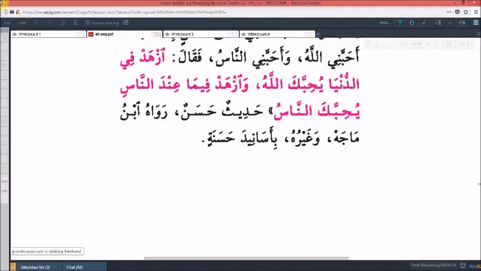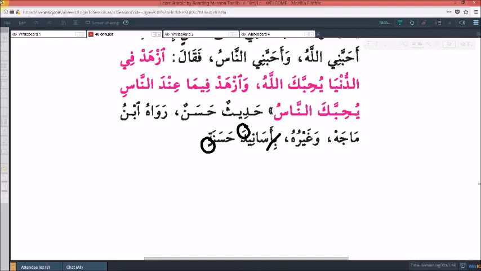It's going to agree in its case. So this one is majroor with a fatha because it's mamnu min as-sarf, but its adjective is not mamnu min as-sarf, so we can see the kasras apparently there, right? It's also male, female, number, with or without alif, lam, all of that, right? So we can understand that.